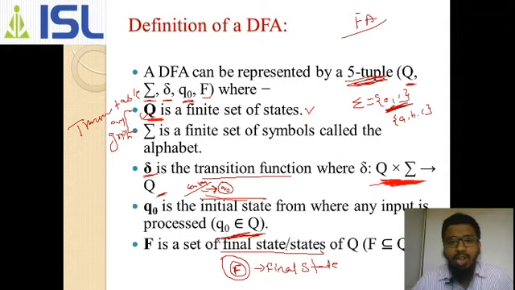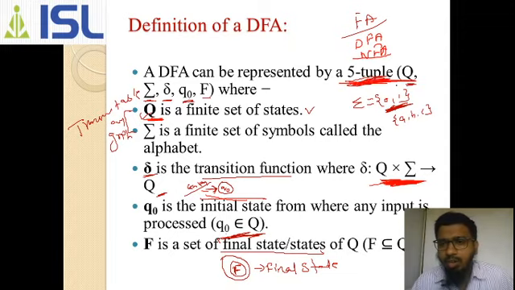And here the 5 tuples are there. As I told you, if you have an FA or DFA or NFA, these 5 tuples will be there. First one is Q, capital Q, sigma, delta, Q0 and F.